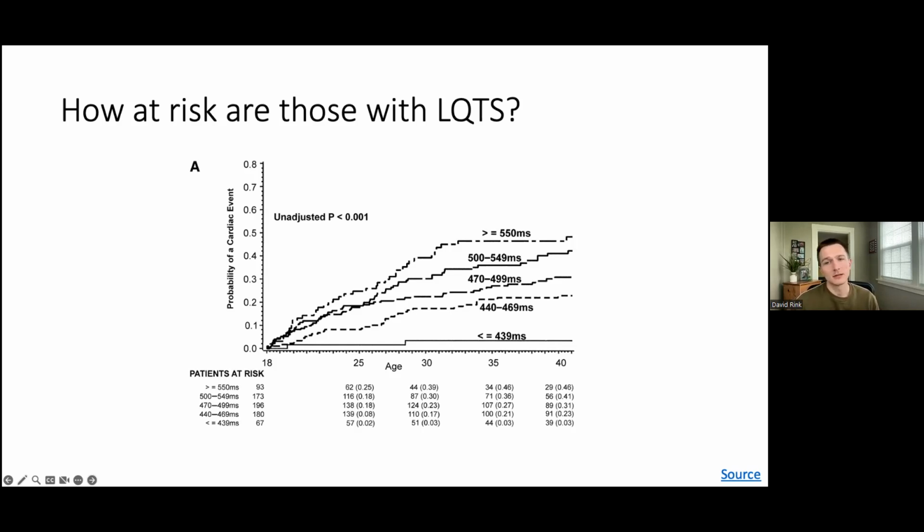It was comparing those on the basis of corrected QT interval. And as you can see, those with increasingly prolonged corrected QT intervals were at the greatest risk of cumulative incidence for having a cardiac event. It's obviously hard to extrapolate this to a population who doesn't have known genetic mutations, but it is really the best data we have that suggests that prolonging the QT interval does increase risk for this.